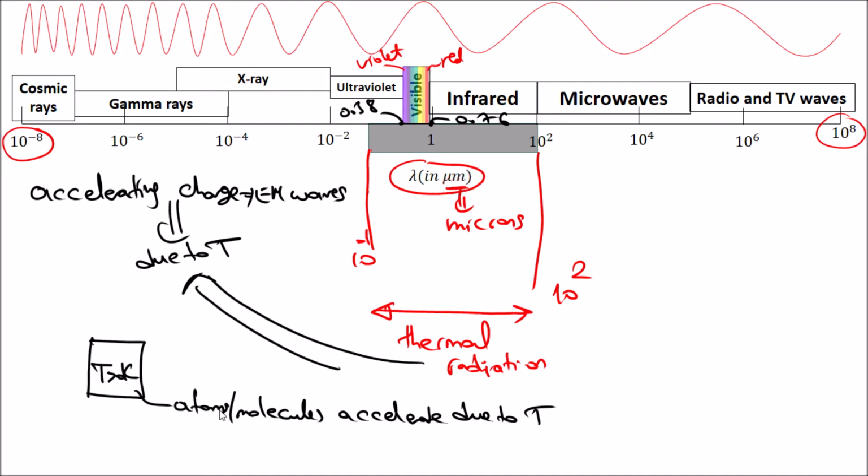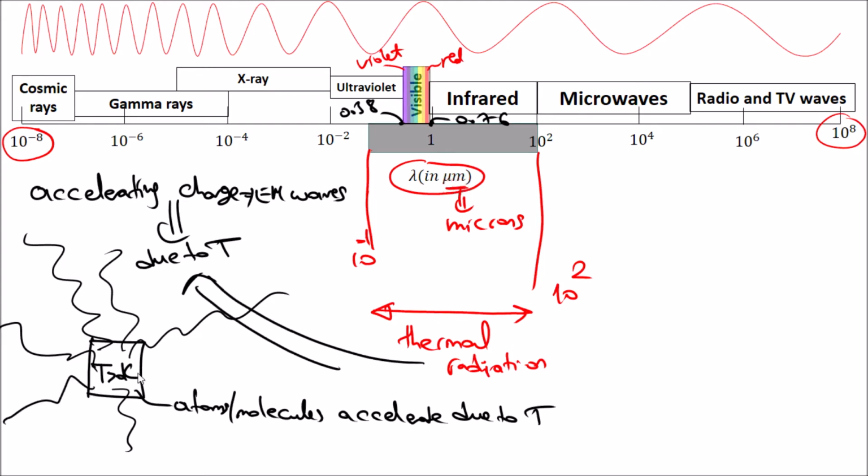This acceleration of atoms or molecules, because they contain some electrons, so these electrons create electromagnetic waves, and this electromagnetic wave is spreading in all directions. Okay, you have electromagnetic wave in all directions, and this is called the thermal radiation.